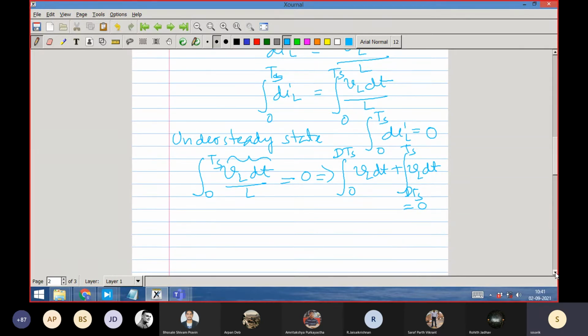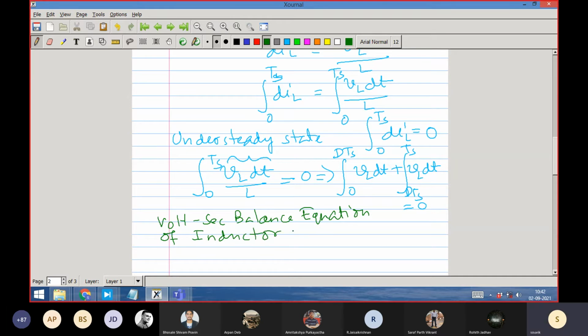It is describing volt second across the inductor. In words, this is called the volt second balance equation of the inductor.